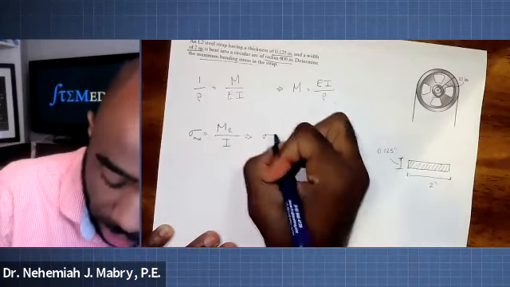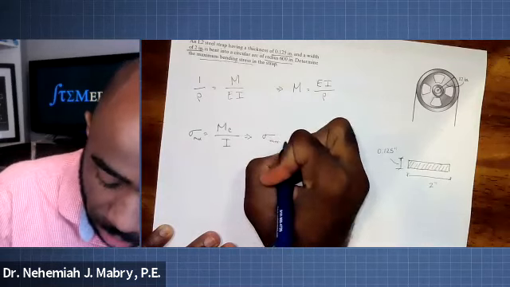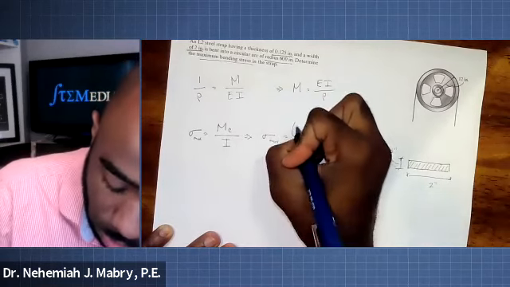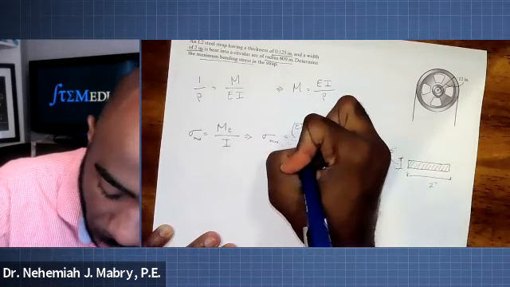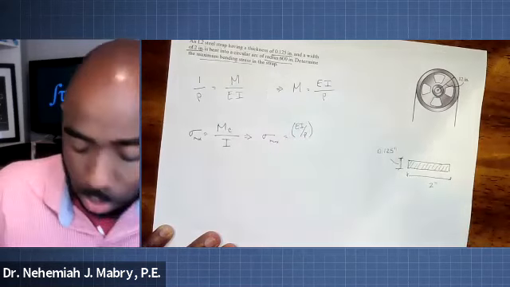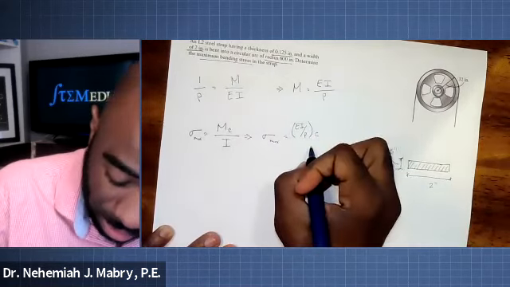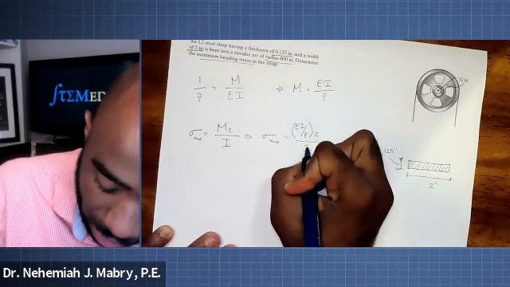So we can rewrite this as maximum bending stress is equal to EI over rho, put that in the parentheses, times C over I.